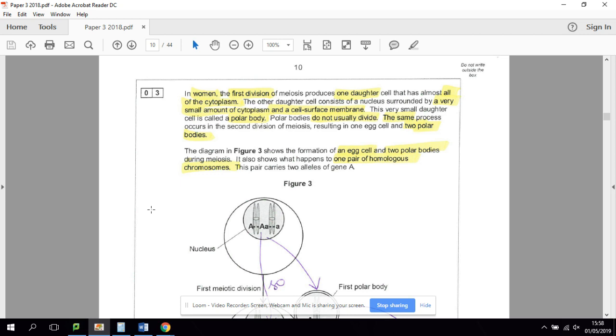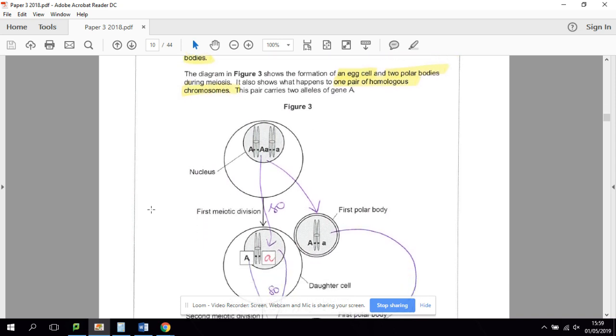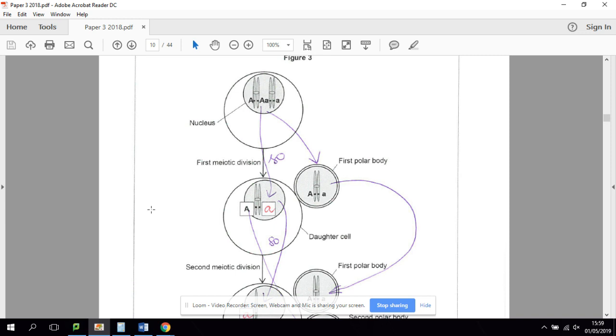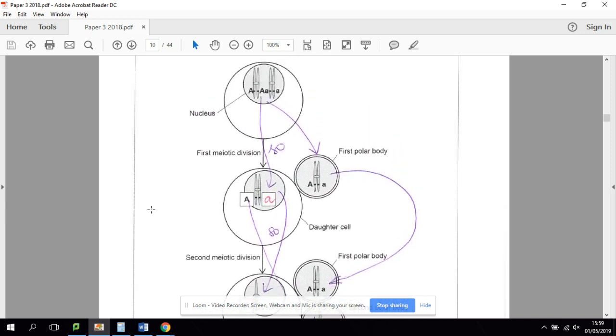And they illustrated that in the diagram, and they told you that it also shows what happens in one pair of homologous chromosomes. So we're looking at this figure. This is the first division.